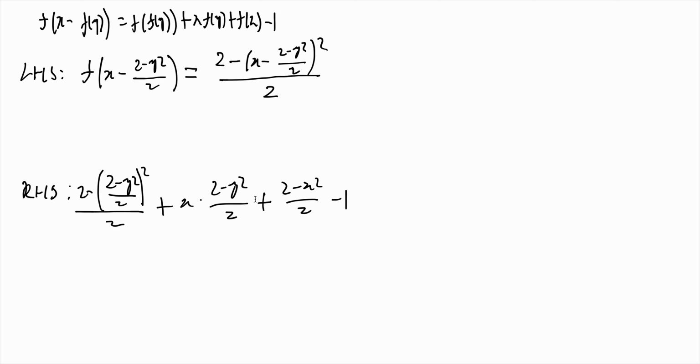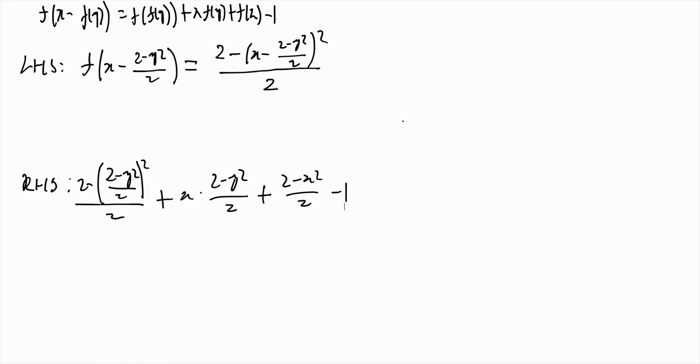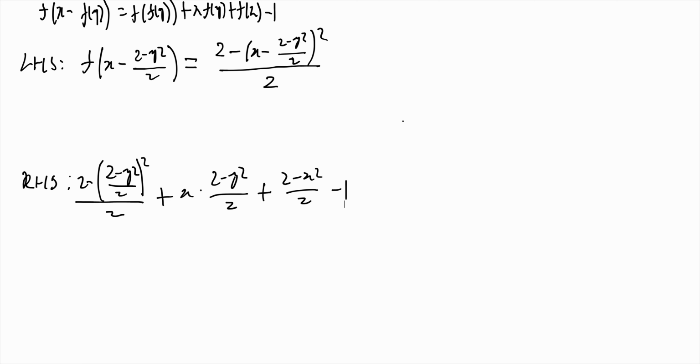The official IMO solution did not include this part. It just said that this is the only solution. So I might make a mistake. This is equal to 1 minus 1 over 2 x squared. Wait.